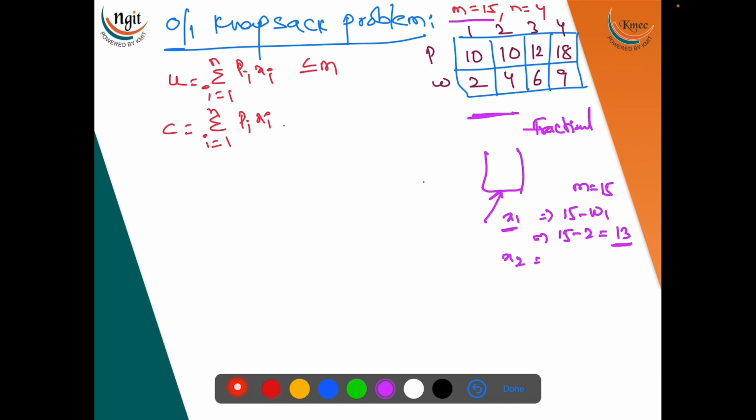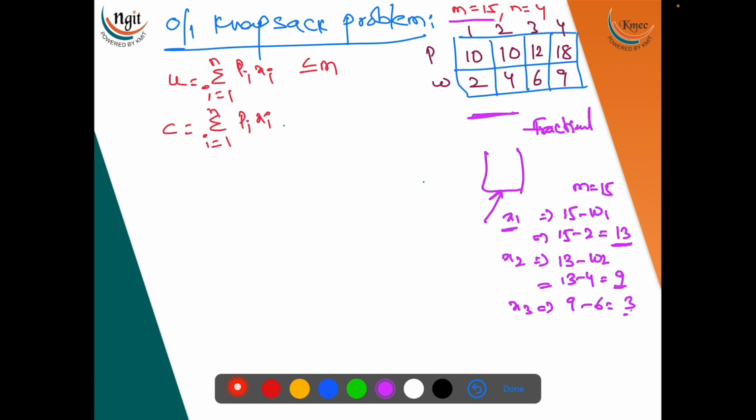Now I'm placing the x2 item. The total remaining weight of the bag now is 13. Now w2 is 4, so 13 minus 4 is 9. So still 9 kgs I can use. Now I am placing the x3 object. If I place x3, 9 minus 6 is 3.